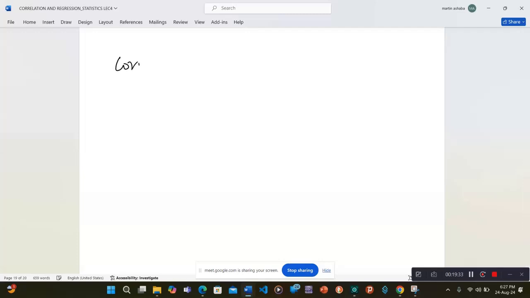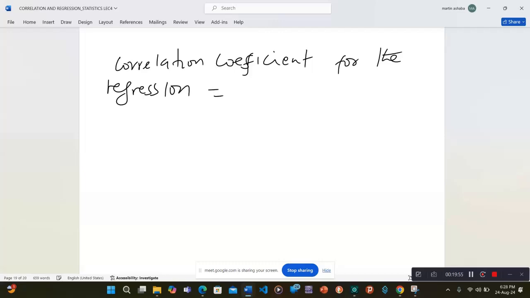Now, the correlation coefficient for the regression will equal, we said this is equal to r squared, and we said it is the same as having sigma y over sigma x times sigma x over sigma y, which is the same as m1 times m2.